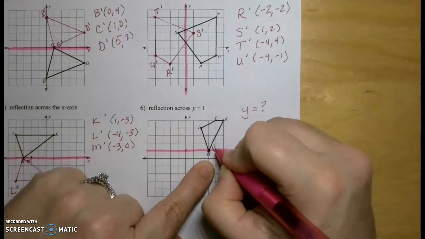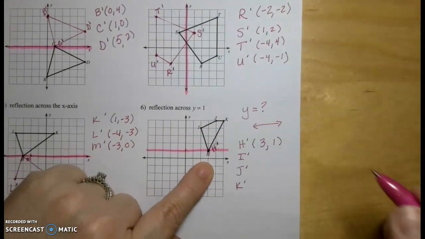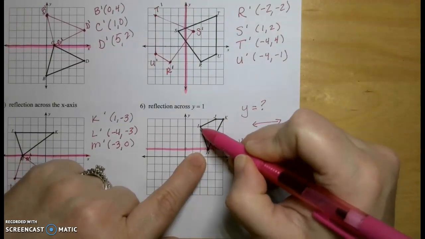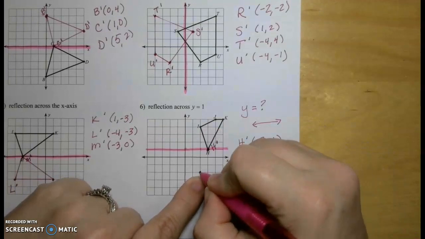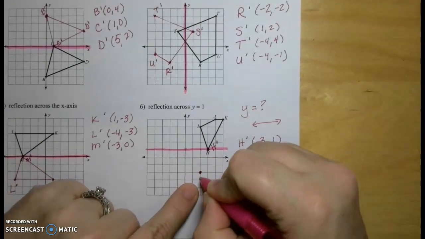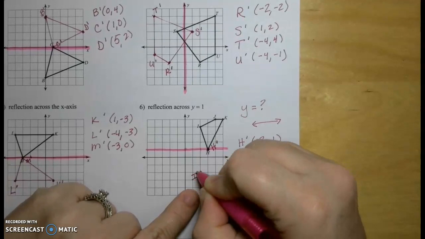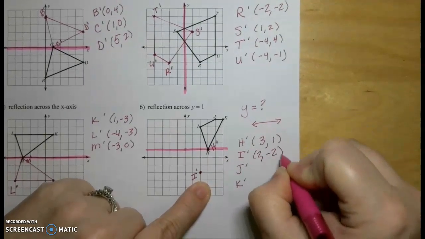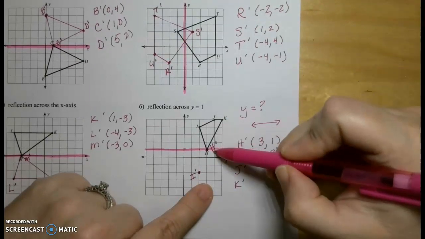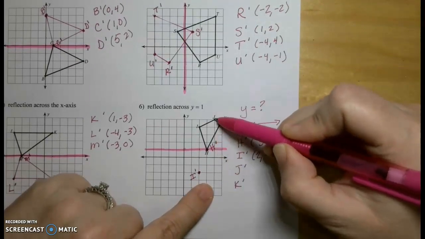So I'm going to label that as H prime also. I is 1, 2, 3 units above. So I prime is going to be 3 units below. And the coordinates of that point, that's I prime, that's (2, -2). J prime, J is 1, 2, 3, 4 units above.